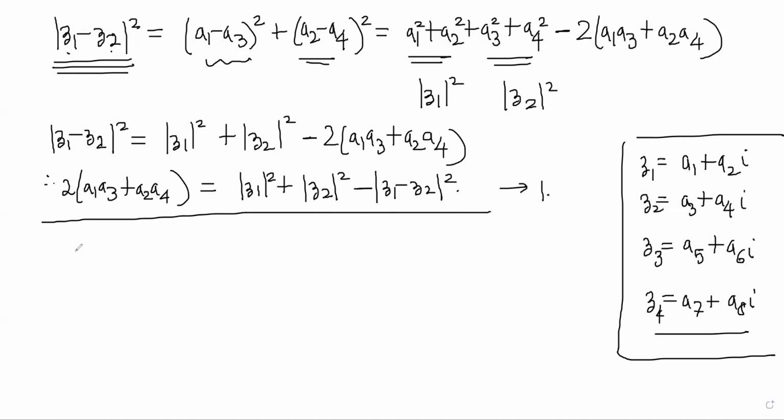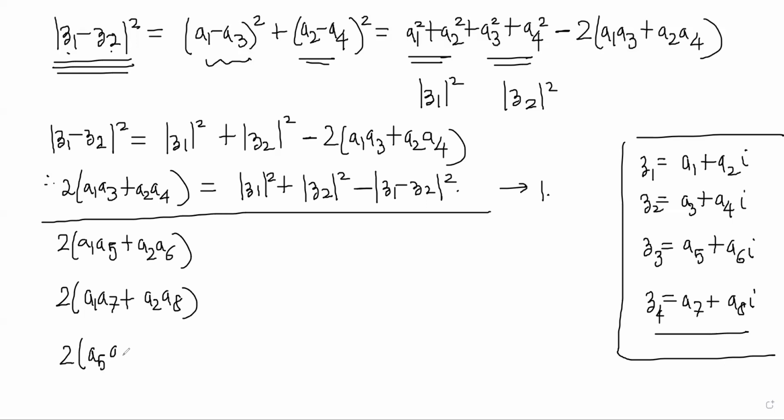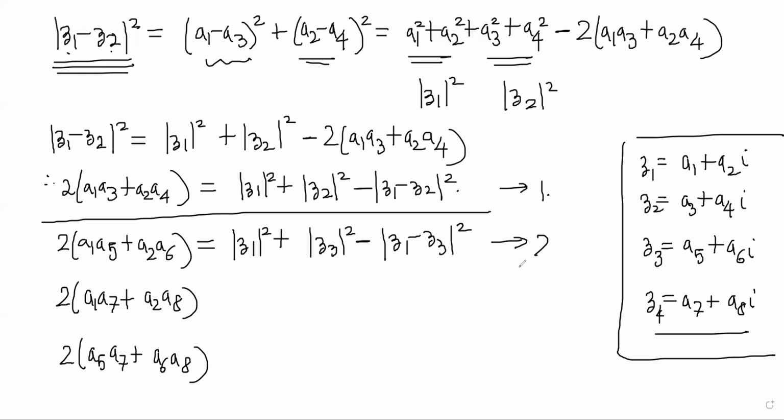You can write an equation like this. 2 times A1 A5 plus A2 A6, 2 times A1 A7 plus A2 A8, and 2 times A5 A7 plus A6 A8 will be equal to, you can show that this will be mod of Z1 square plus mod of Z3 square minus mod of Z1 minus Z3 whole square. This is equation 2.